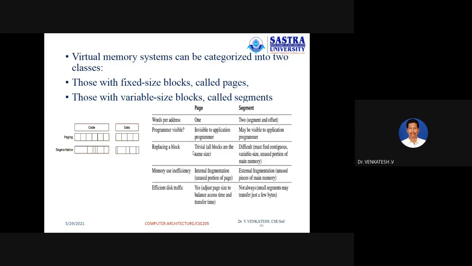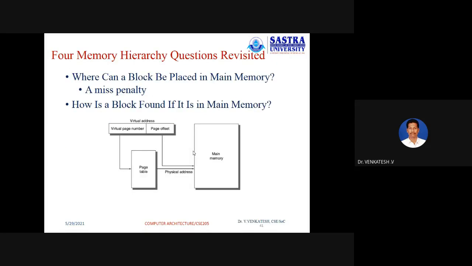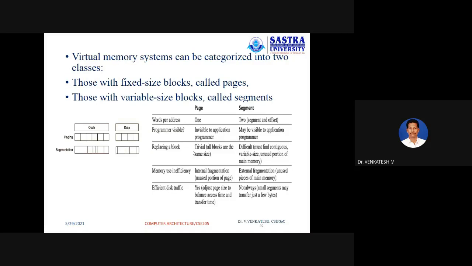So there is a small comparison between page and segment, and according to the situation and requirement, you decide whether to go for paging or segmentation. So far we have discussed the difference between paging and segments.